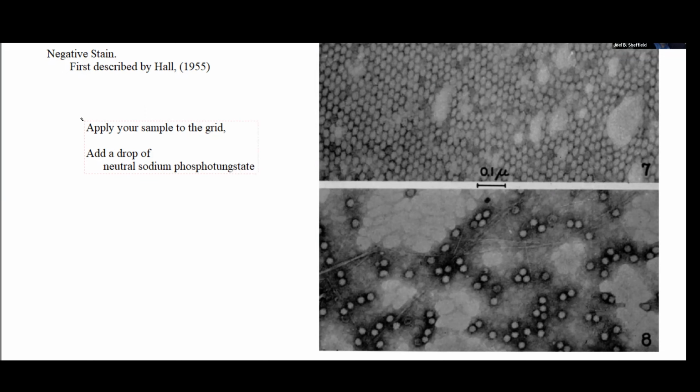Now it turns out, because of the tungsten that's in that molecule, tungsten is a heavy enough metal that it actually can block a certain amount of electron flow. So that if there's tungstate present in the sample, you will see it as dark material. So it acts like a stain, except that it doesn't stain the material that you care about.